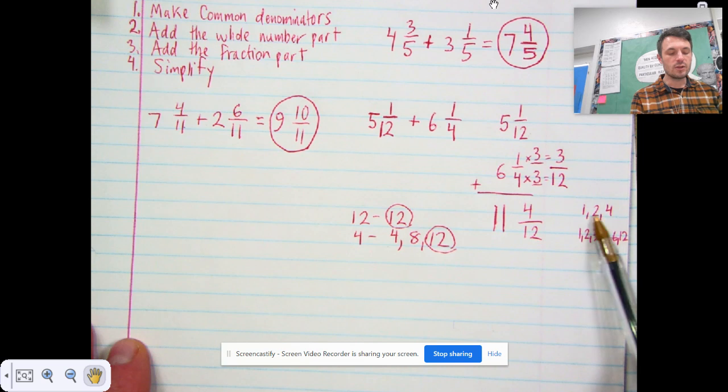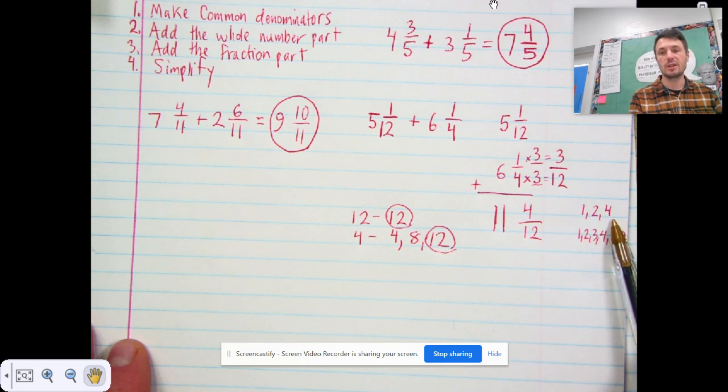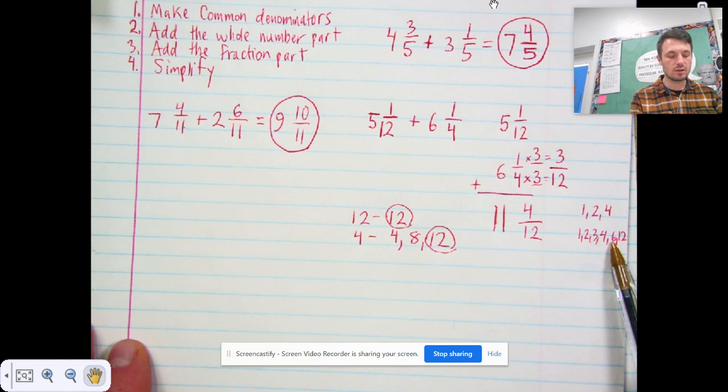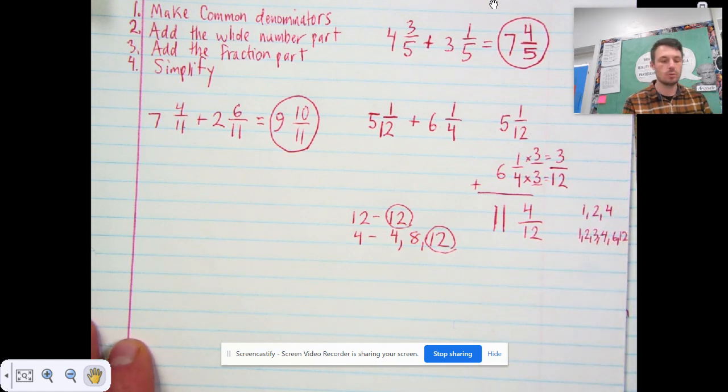And the reason these are all the factors of 4 is because 1 times 4 is 4 and 2 times 2 is 4. So these are all the numbers that can be multiplied together to equal 4. And 1 times 12 is 12, 2 times 6 is 12, and 3 times 4 is 12. These are all the numbers that can be multiplied together to equal 12.